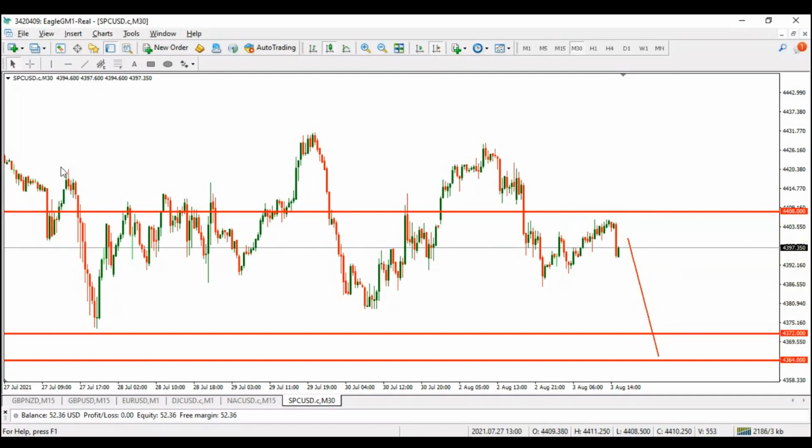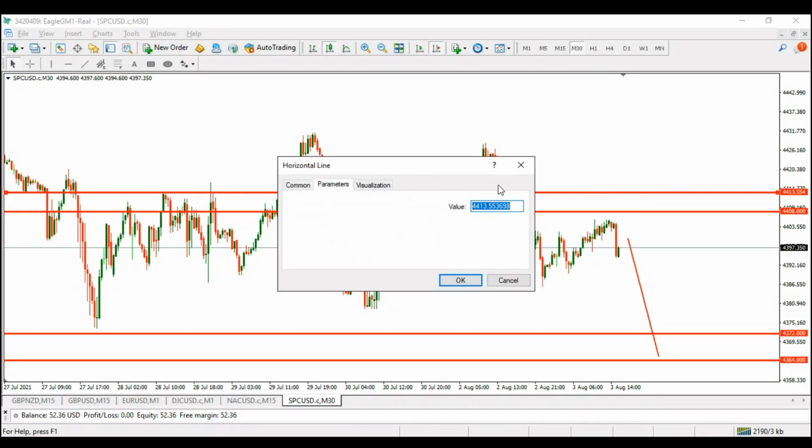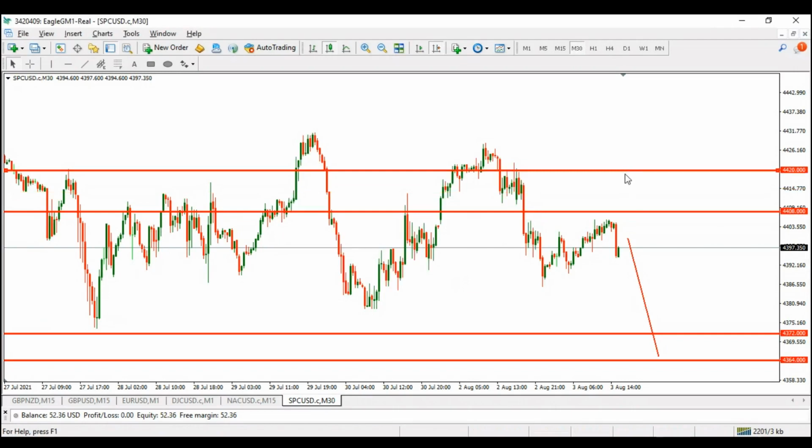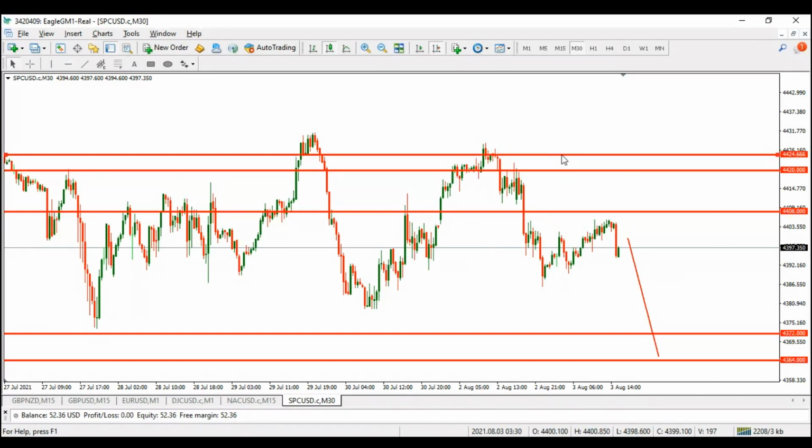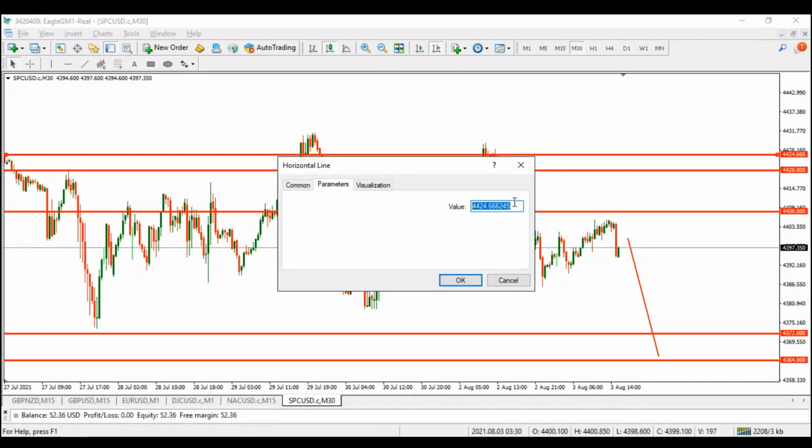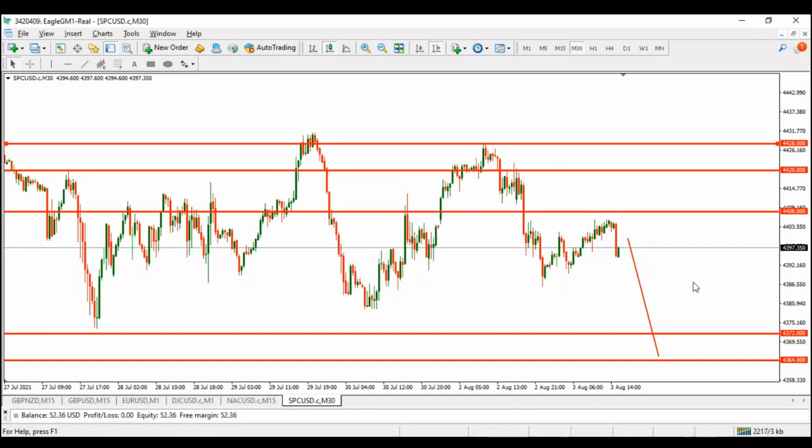Now, let's add the targets for the buying opportunities. 4420, that's the first one for the buying opportunity. 4428, that's the second one for the buying opportunity.